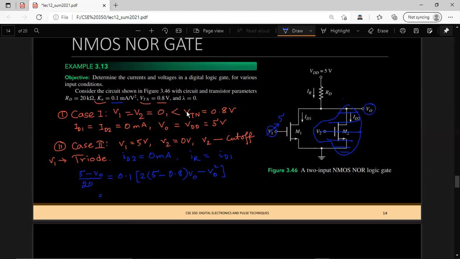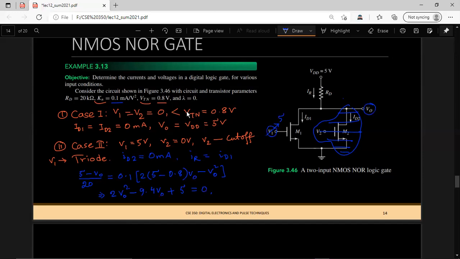If we simplify this formula, we will get something like this: V0 squared minus 9.4 V0 plus 5 equals 0.